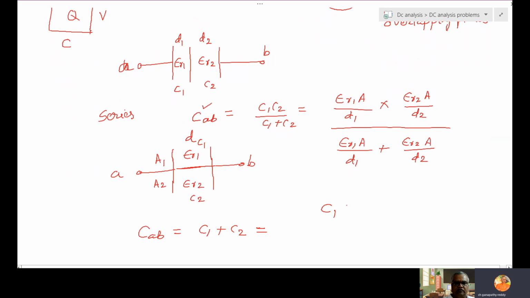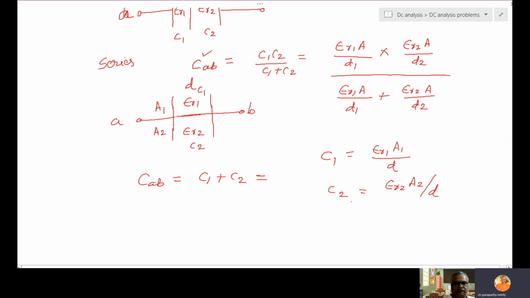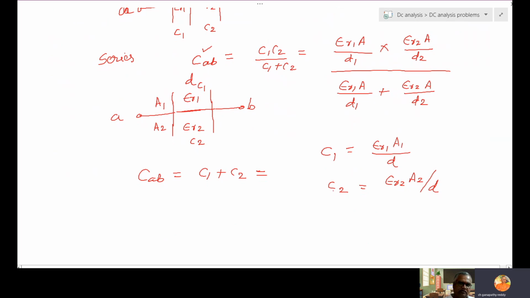But what is C1? It is epsilon R1, area A1, but D remains the same. Like that C2, epsilon R2, area changing A2 by D, remains the same. So substitute, you will get the answer.